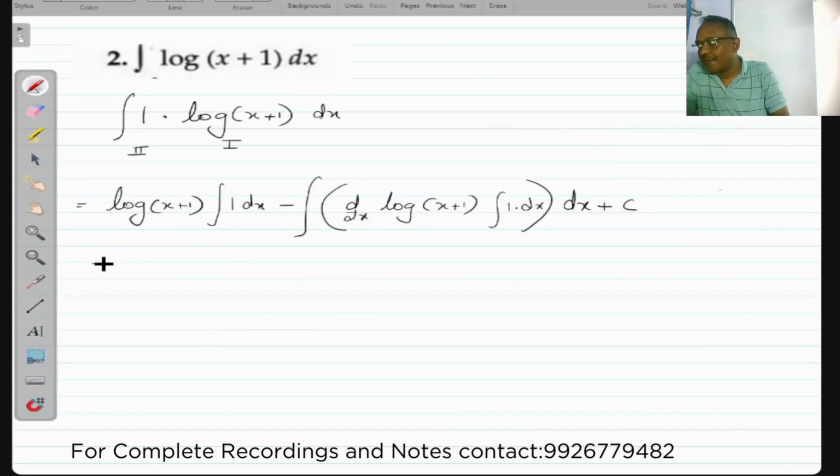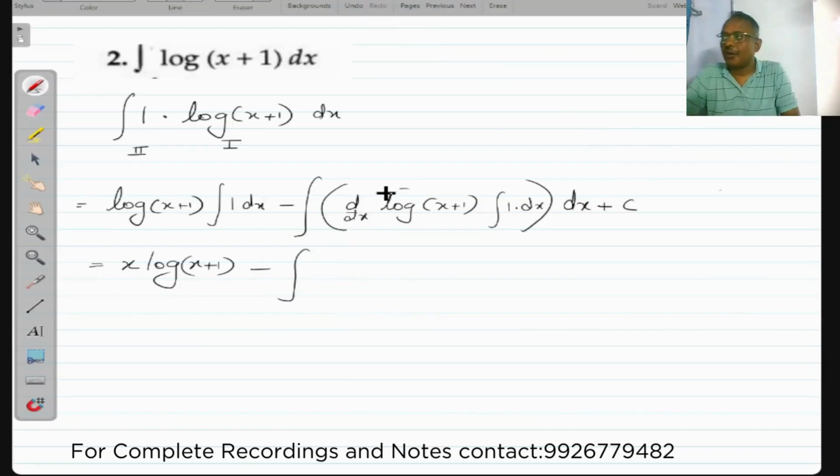Integral of 1 is x, so x log x plus 1. Then inside the integral, what is the differential of log x plus 1? 1 by x plus 1. Go inside, x plus 1 differential is 1.